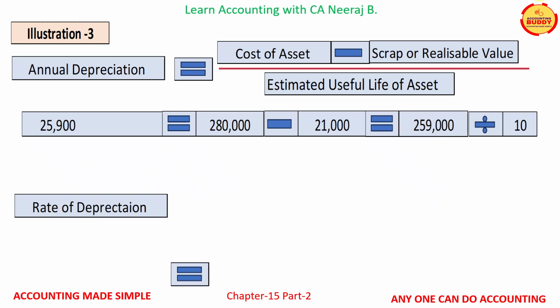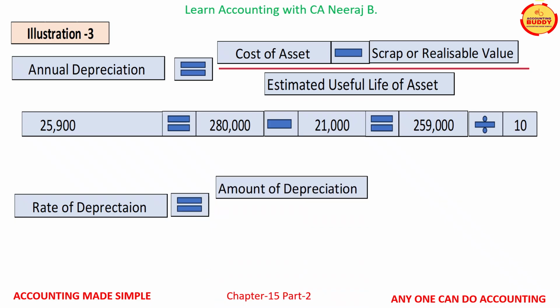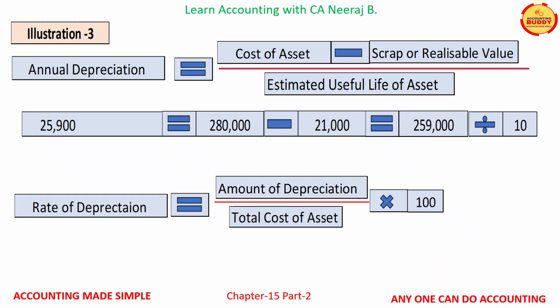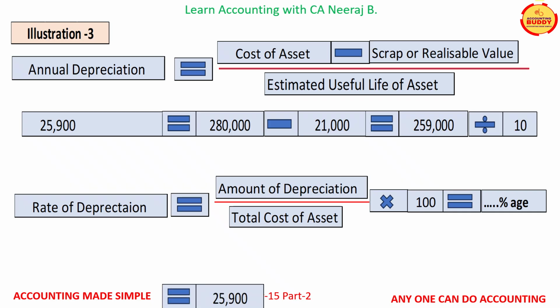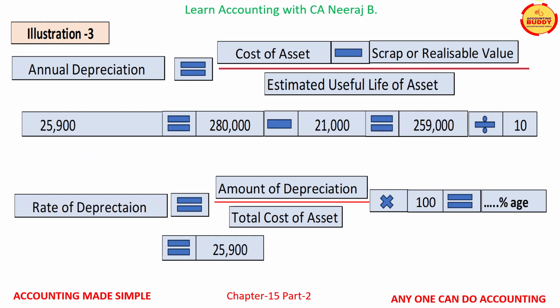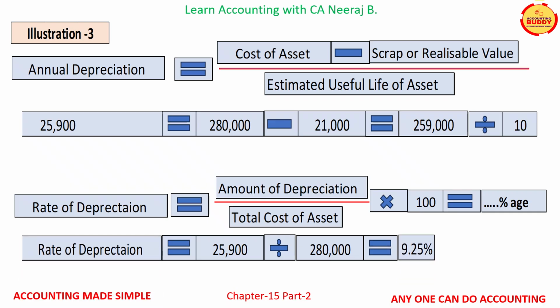Now let us calculate the rate of depreciation. Rate of depreciation is equal to the amount of annual depreciation divided by the total cost of the asset and multiplying by 100, and the result will be equal to the percentage of the depreciation rate. In our illustration, the annual amount of depreciation is $25,900, and when it is divided by the cost of the asset of $280,000, we will get 9.25% as the rate of depreciation.